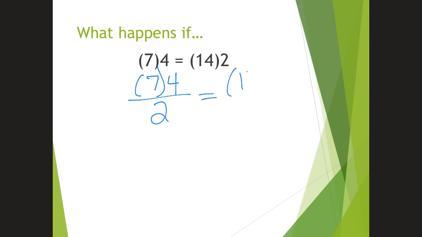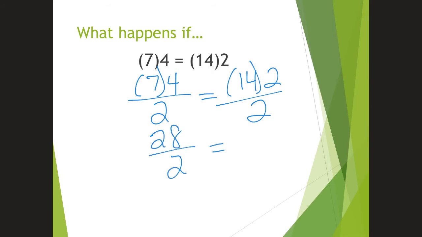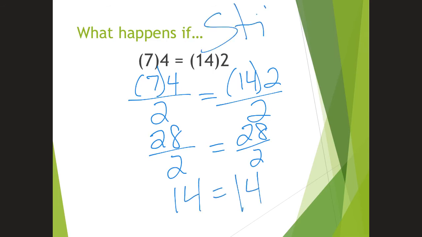And the same thing on the other side, 14 times 2 and divide it by 2. So 7 times 4 is still 28 divided by 2 equals 14, and 14 times 2 is still 28 divided by 2. I still end up with 14 on each side, so I am still balanced.